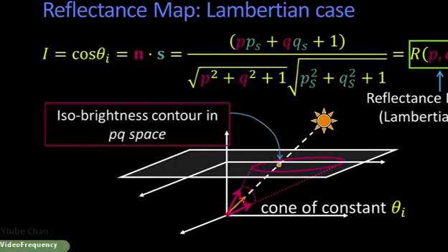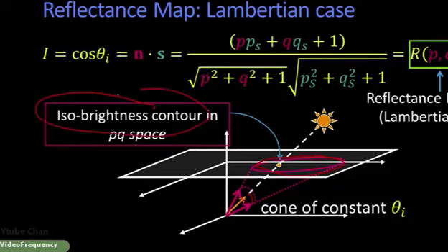Remember, pq space allows me to map any surface orientation to a pq location. So I'm going to project that constant cone up into pq space, and I'm going to get this cone sliced by a plane. It's not really an ellipse. Everywhere along that curve is the same cosine angle between the surface normal and the source direction, so that means it's equally bright.